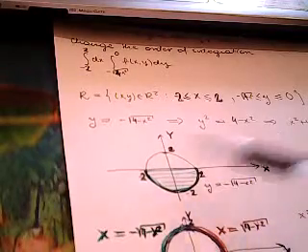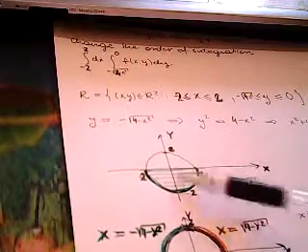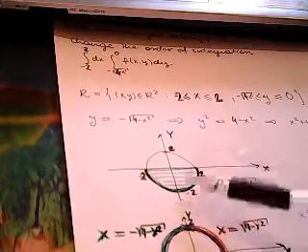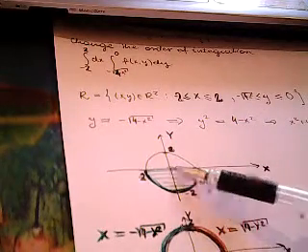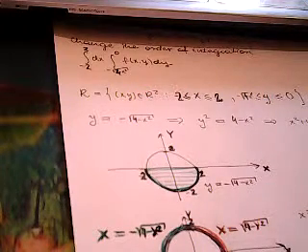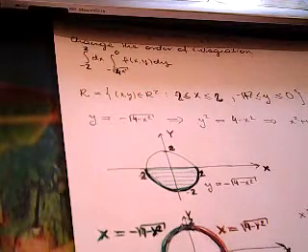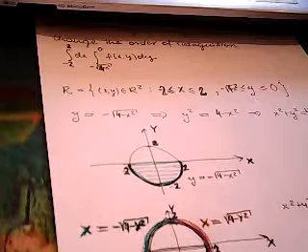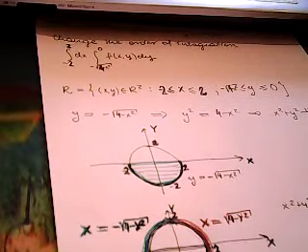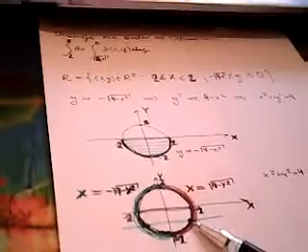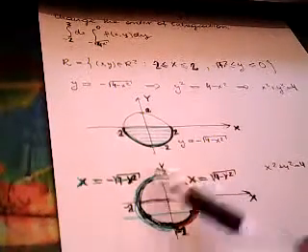From this picture we can see y is between minus 2 and 0. Limits of y is not a problem, it's not difficult. But I have to have limits of x, and I draw a second picture.